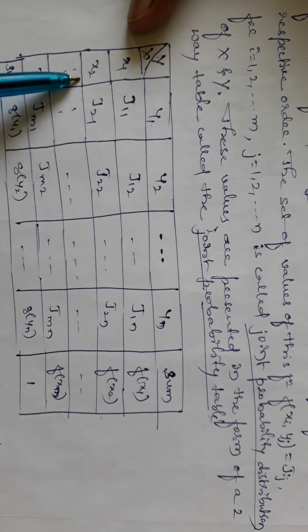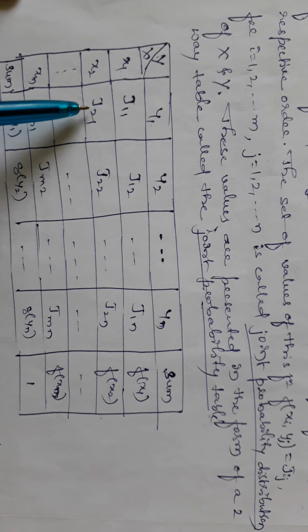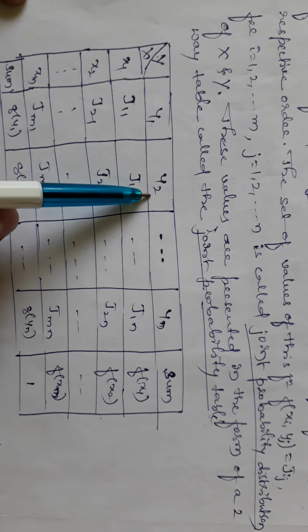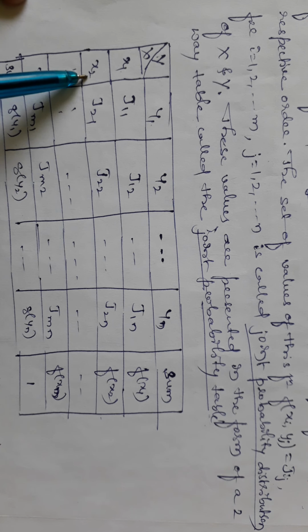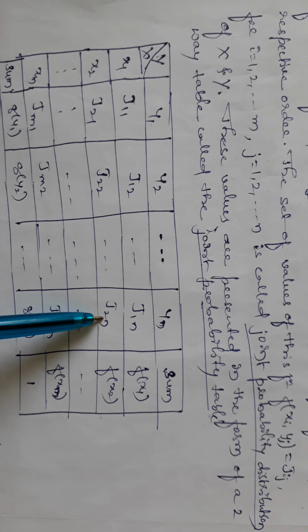Similarly, the joint probability value of x2 and y1 is called J21, of x2 and y2 is called J22, and so on up to x2 and yn, called J2n.